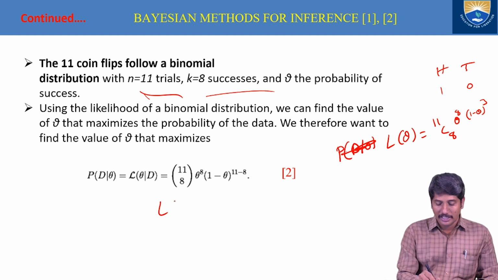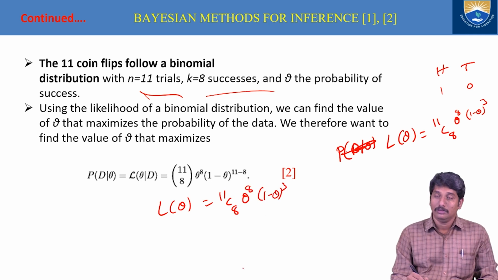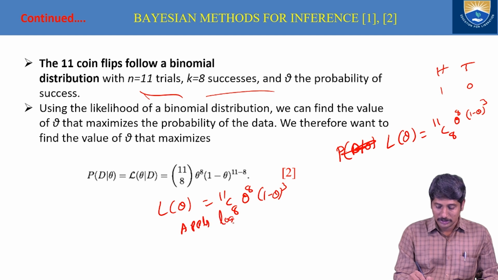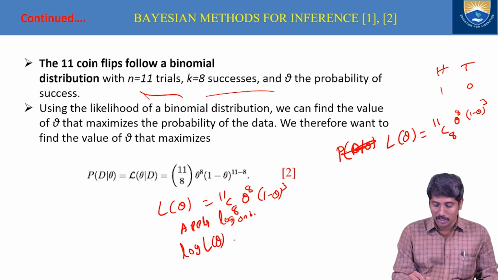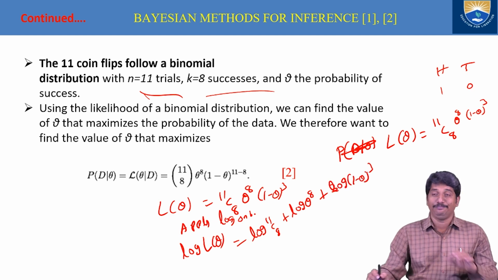Now we take L of theta equal to 11C8 theta power 8 times 1 minus theta power 3. Now we apply log on both sides. Log of L of theta is equal to log of 11C8 plus log of theta power 8 plus log of 1 minus theta whole power 3.